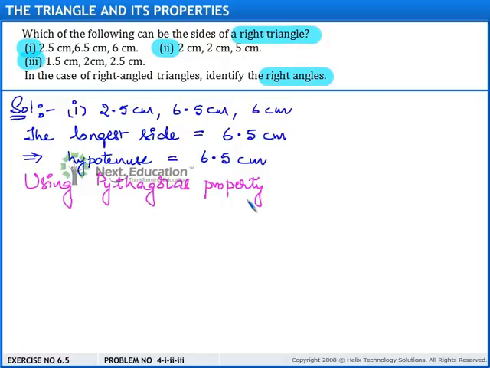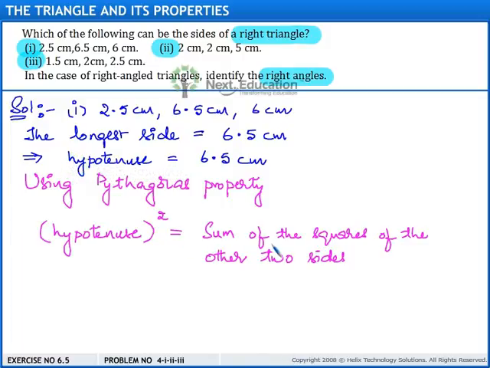Using Pythagoras property, the square of the hypotenuse is equal to sum of the squares of the other two sides. Now, we shall just check this property with the given sides.